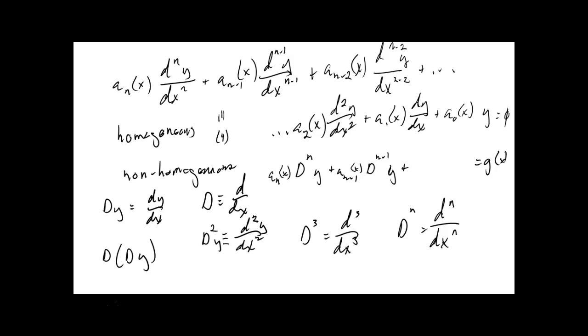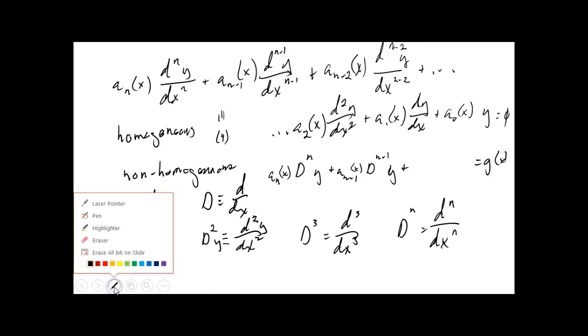Polynomial expressions involving D, such as, I'm going to go to a clean page here. Is that okay? All this is really teaching us is another form of substitution. Kind of, yeah. And in fact, once we get to doing it, it even looks more like that. It really does. So that's a good way to look at it.